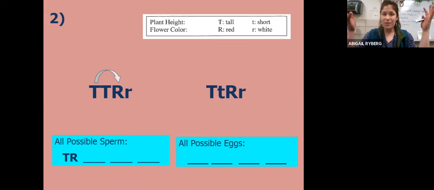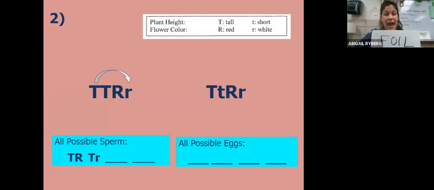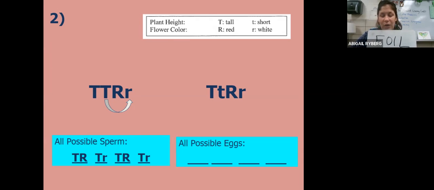Now we're going to first figure out the possible sperm and the possible eggs. Again, I'm going to use FOIL. I'm going to quickly do the FOIL with the sperm first. So the first T and the first R, the outer T and the outer R, the inner T and the inner R, and then the last T and the last R. I'm going to FOIL now over here for the female and figure out her possible combinations for the eggs.